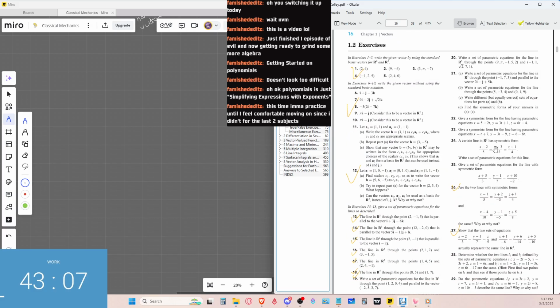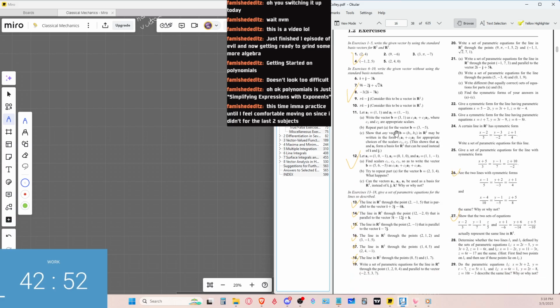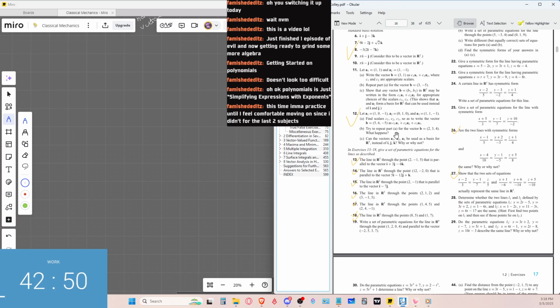Oh, there are markings in this book, but that's fine. Write the basic vectors using the standard basis vector. I think we know how to do that. It's like the i, j, and k version of those.